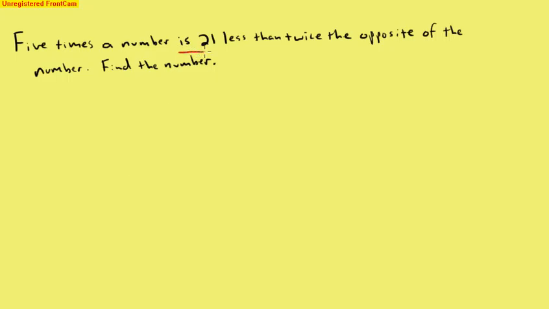I like to underline these to know that I'm going to skip it. 5 times a number is 21 less than, say is equal to, twice the opposite of the number, negative 2n. Twice the opposite of the number is 2 times negative n; I just switch the negative around with the 2. But this is not true. 5n does not equal negative 2n. 5n is 21 less than.